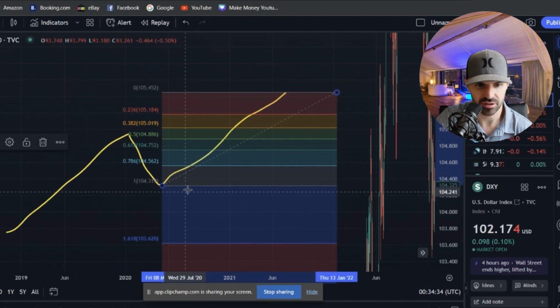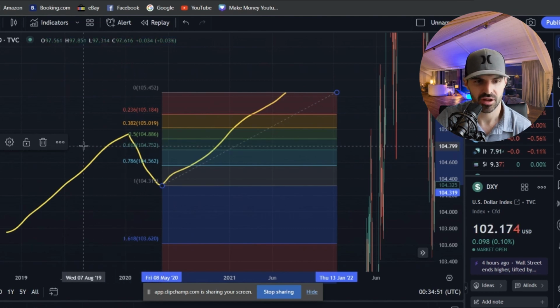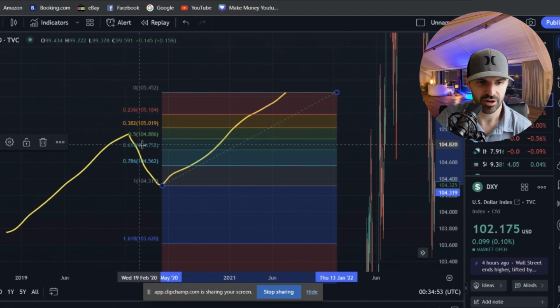As you can see, it gives me a load of lines and different levels. They're all points of interest, but for me as a trader, it's roughly between the 0.5 and the 0.618. The 0.618 is the golden area.